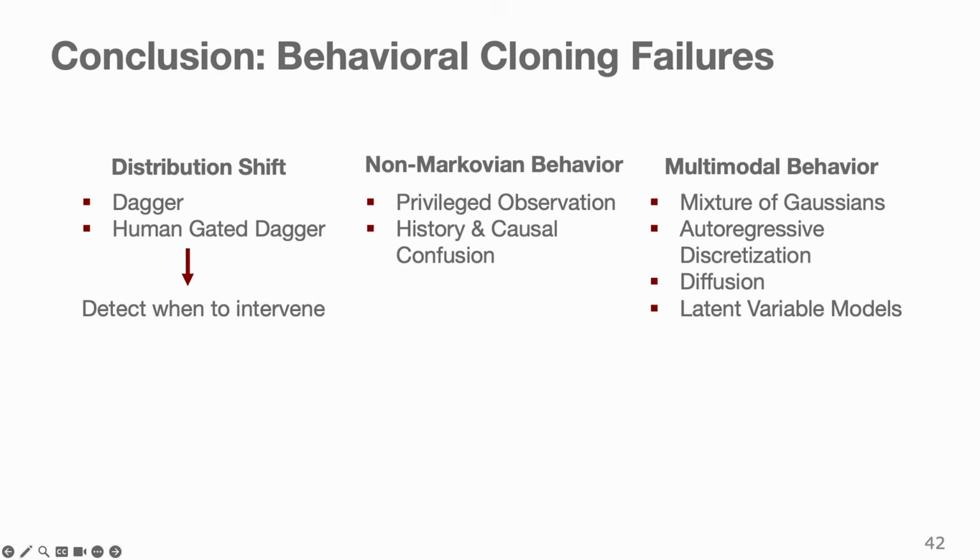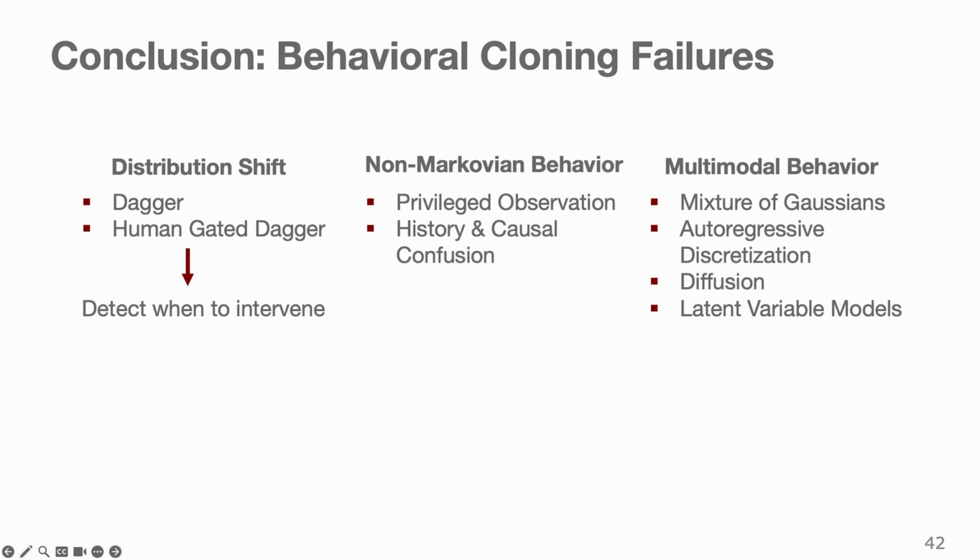And to conclude today's lecture, we have talked about imitation learning in its most simple form. We have explained how we can make the states visited by the expert and the states visited by the policy become closer with DAgger and online interventions.